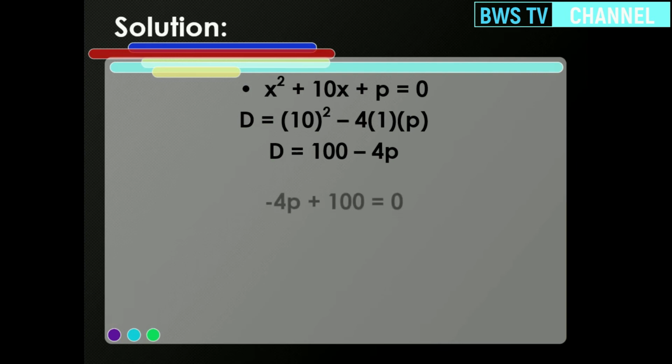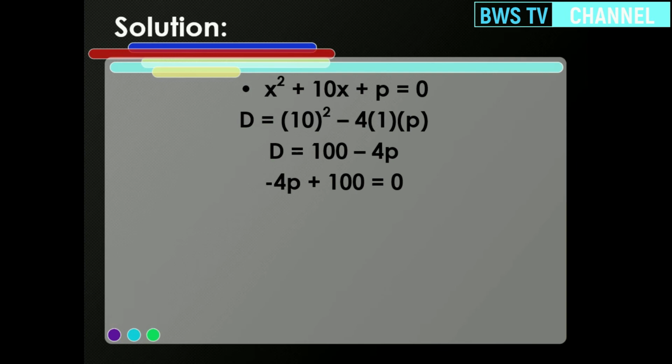So again, equate it to 0. That will be negative 4p plus 100 is equal to 0. Remember, we rearrange the terms. So instead of 100 minus 4p, it now becomes negative 4p plus 100 is equal to 0, so that we can solve easily.